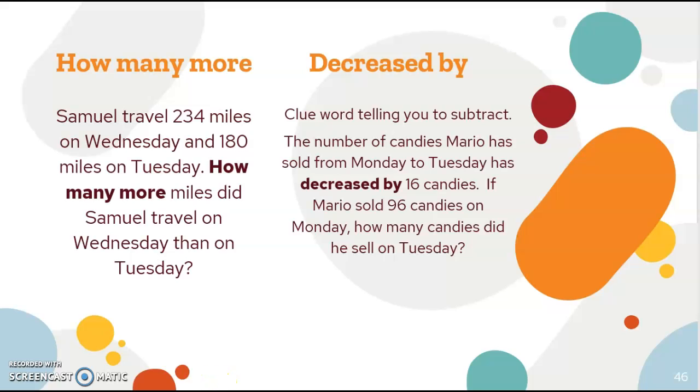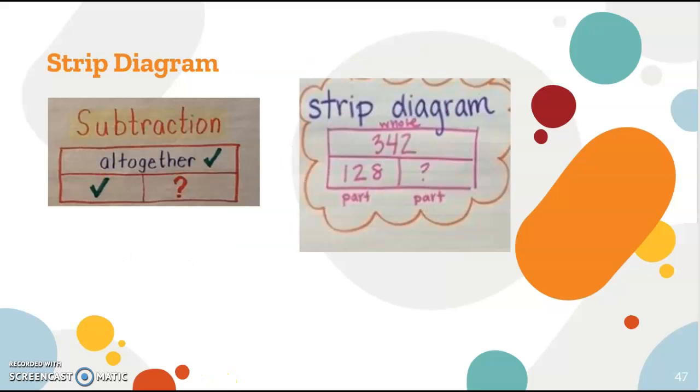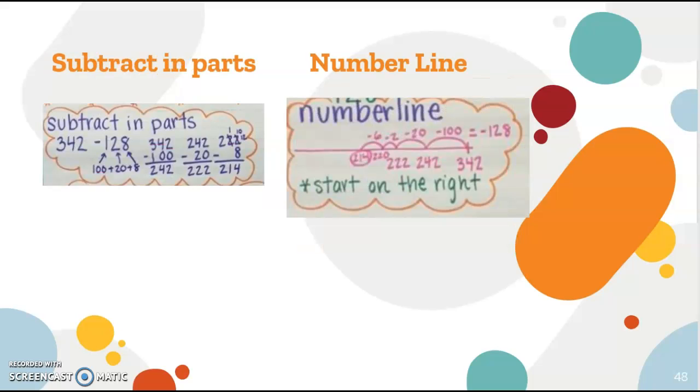So now we're going to get started on our lesson. Just to recap, we can use a strip diagram for addition as well as subtraction. That is one of our strategies that we can use. Another strategy that we learned to use was number lines. Again, we can use number lines for addition and subtraction. With the number line, when you're subtracting, you're going to start at the right and move to the left of the number line because your number is decreasing.